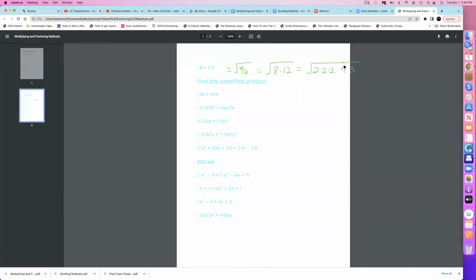Instead of the 4, I can write 2 times 2. And since there's no root index, it's a 2 automatically, and I'm going to circle groups of 2.